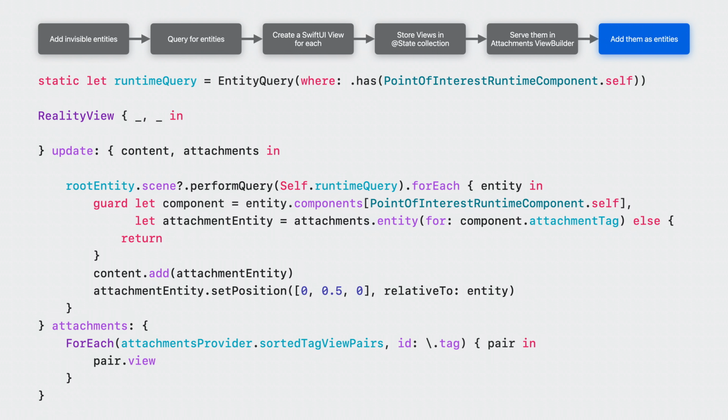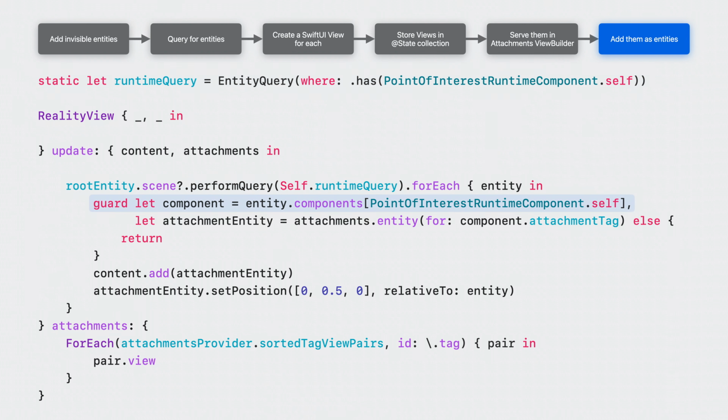We need to match up our attachment entities with our invisible point of interest entities that we set up in Reality Composer Pro. The runtime component we put on the invisible entity has our tag in it. That's how we'll match up which attachment entity goes with each point of interest entity. We query for all our point of interest runtime components.